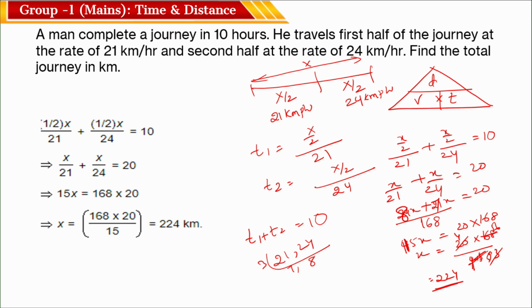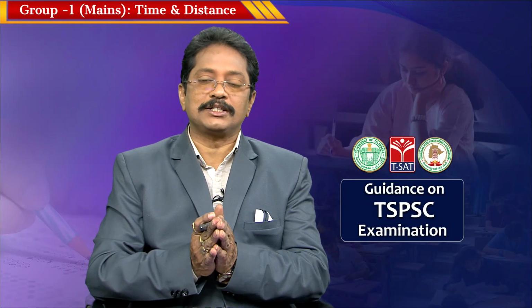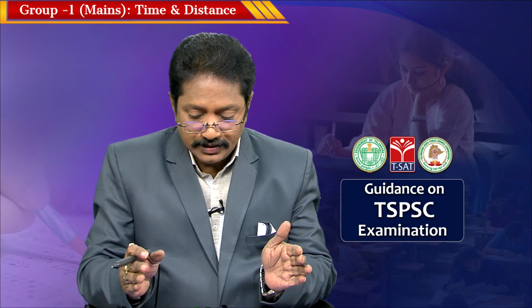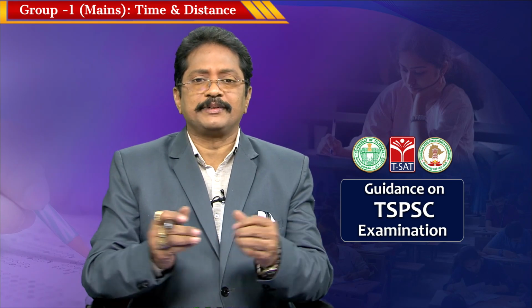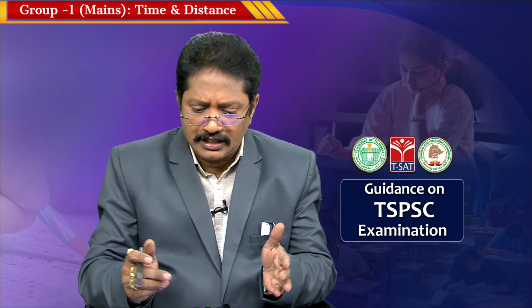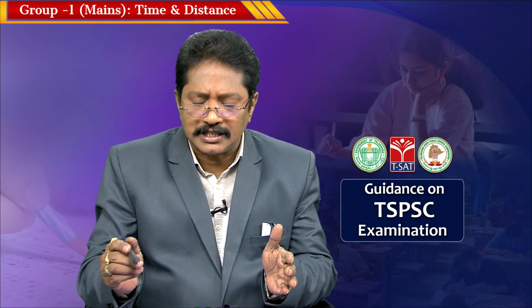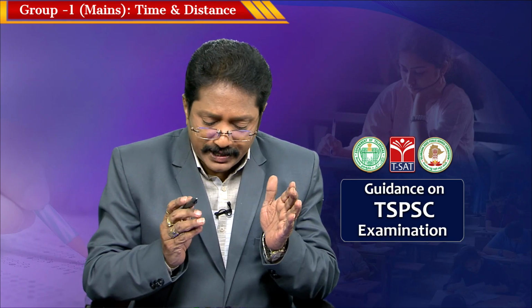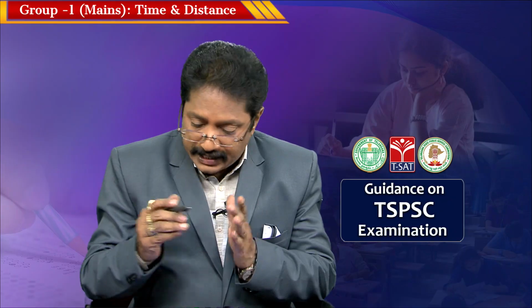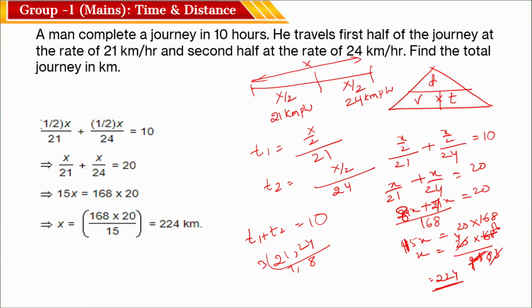Is it clear? When you prepare the solution in a diagrammatic mode, then it is easy. Otherwise, you feel a little bit of difficulty. So, what is the given information? The total distance: half of the distance is travelled at 21 kilometers per hour, and the remaining half at 24 kilometers per hour. Say the half of the distance is travelled in T1 hours and the remaining half in T2 hours.